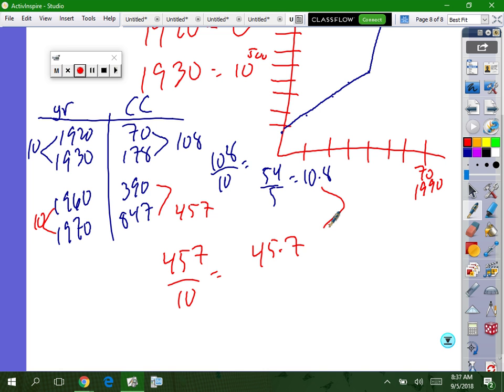Now, what if it was pretty close? What if this was 10.8 and this came out to be 10.4 and the next one came out to be 10.6? Is that pretty linear considering it's data? Not exactly linear, but it's pretty darn close, isn't it? Could we recognize that as more linear?